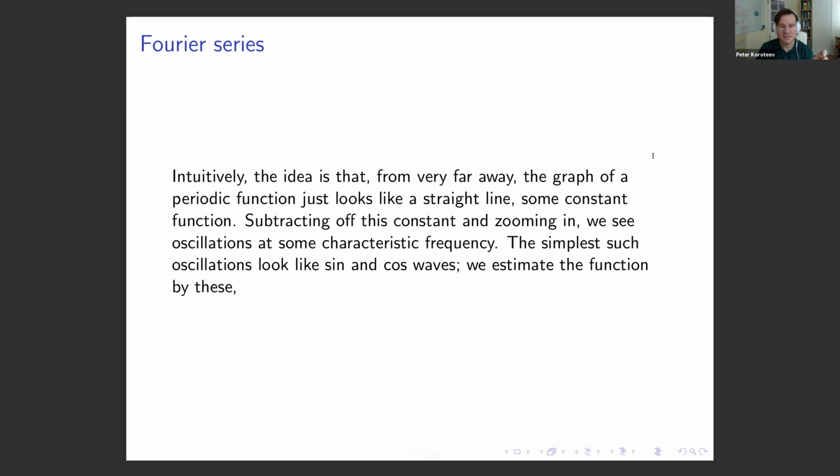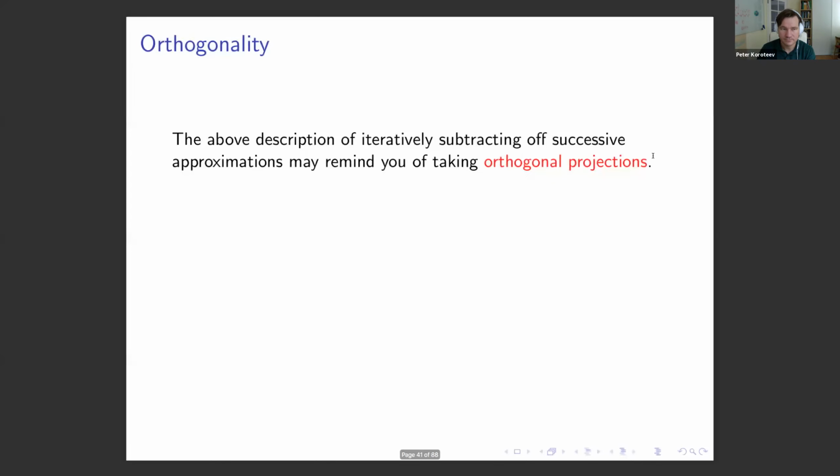The simplest such oscillations look like sine and cosine waves, and we can estimate the function by those. Then we subtract those off, zoom in further, and repeat the process. On the second step, we need sines and cosines of twice the argument, and then subtract those, look at sines and cosines of thrice the argument, et cetera.